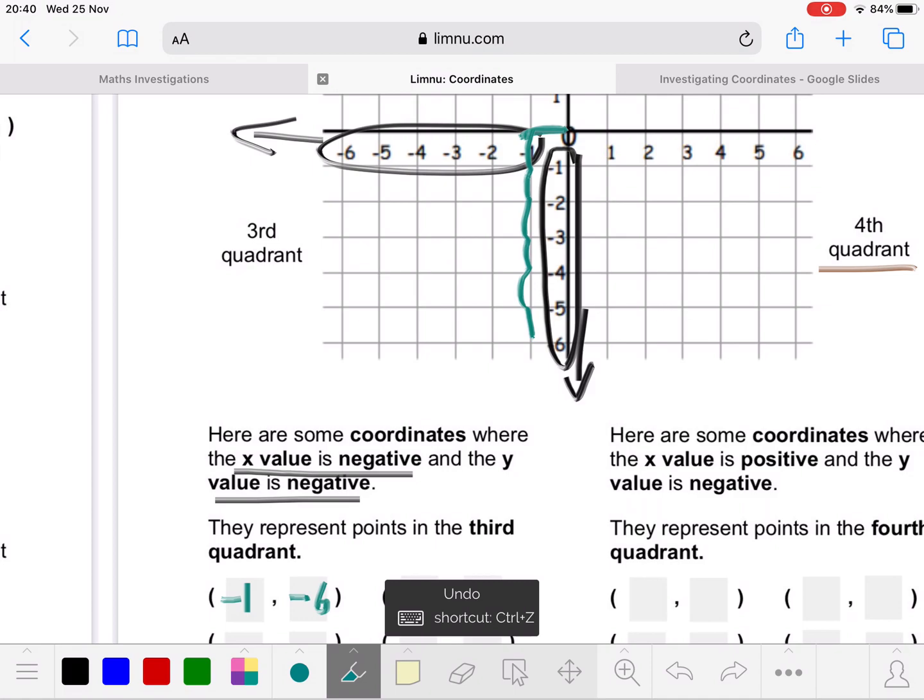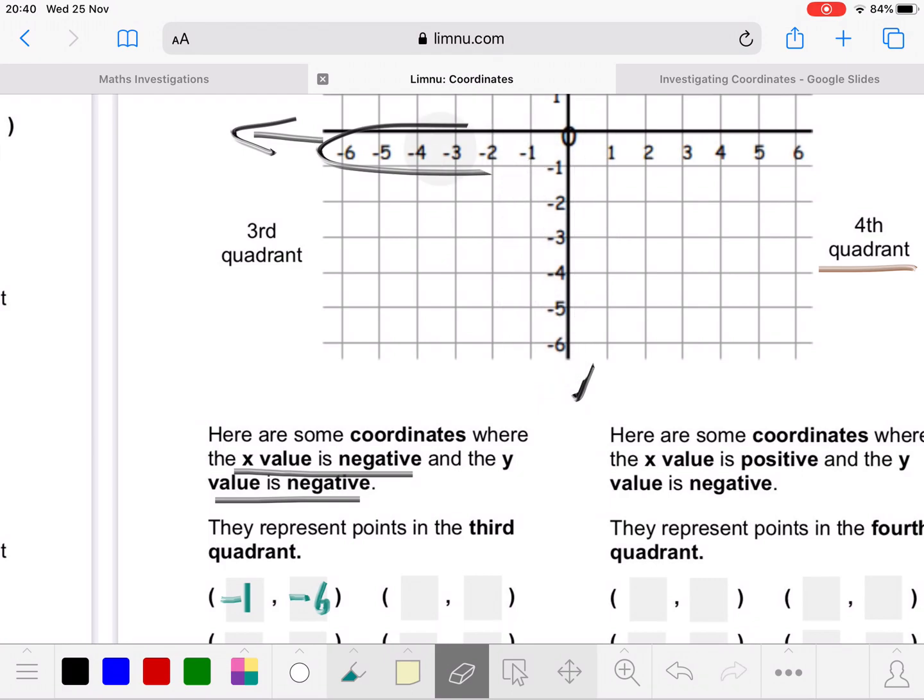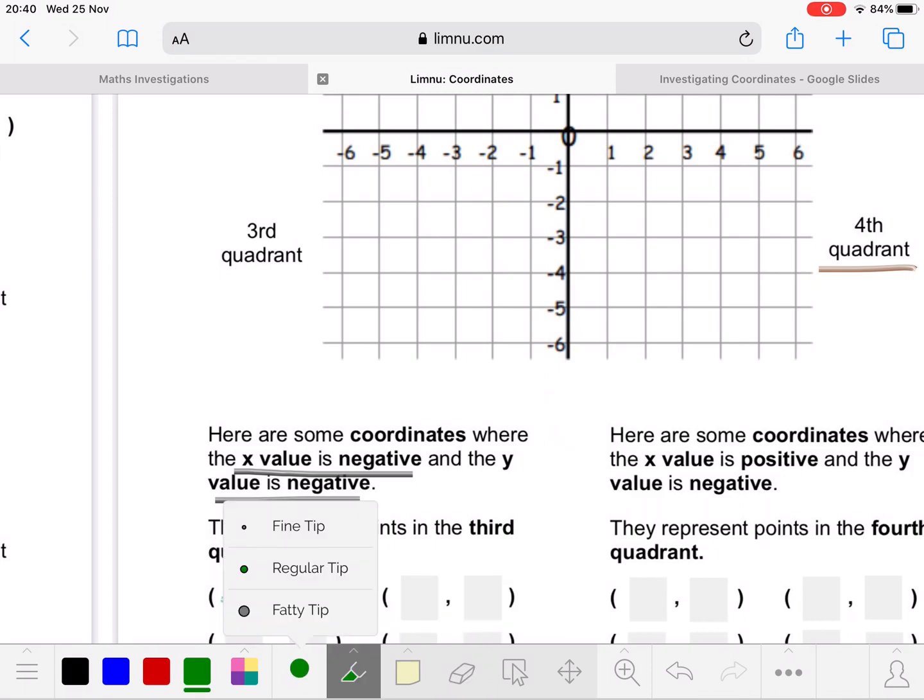So what I'll do again is I'll take the 2 lines away and just put, in fact, I might rub out these as well to make it a bit clearer so we can see everything clearly, and we'll just have our lovely coloured spot. If I can find the right colour, it goes down here, negative 1, negative 6.